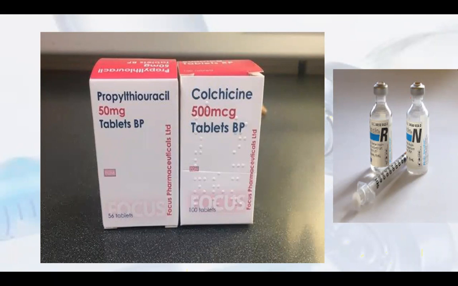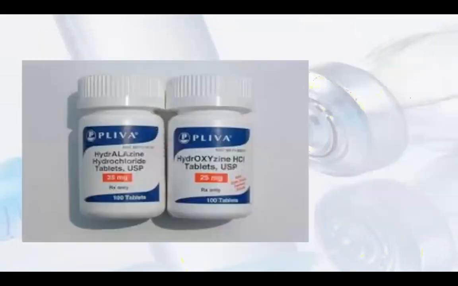There can be chances of confusion; again, insulin is there, regular and another type, both different. So there can be chances of confusion when you see these drugs. Hydralazine is there, hydroxyzine is there, so there are chances of confusion while dispensing these drugs.